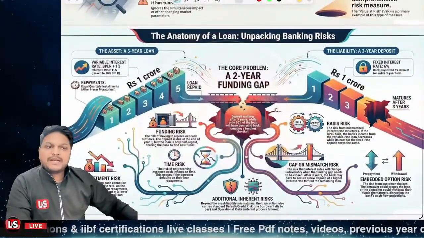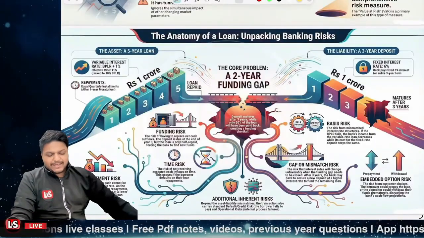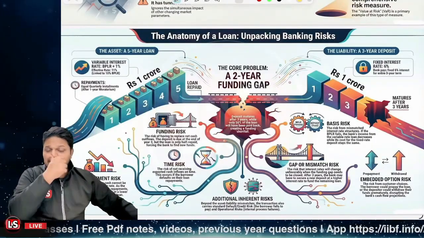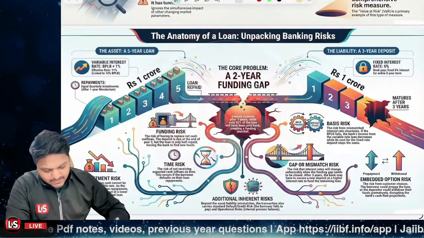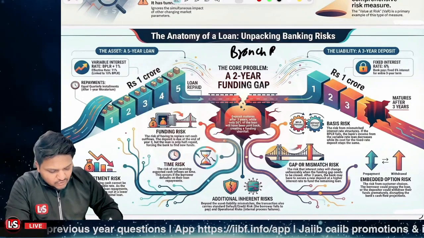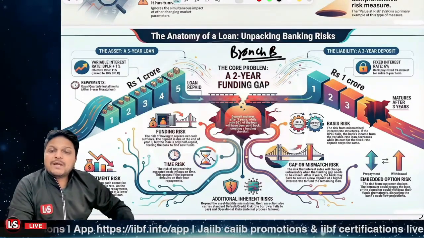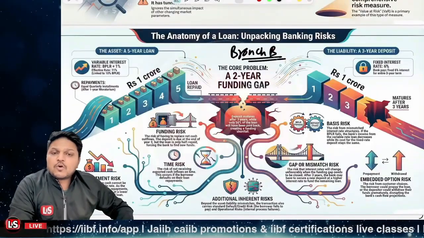Now, let's look at this particular example and learn it through an image. There is a simple scenario that I'll try to explain. Let's say branch B of a bank has extended a loan of rupees 1 crore in accordance with the corporate policy.